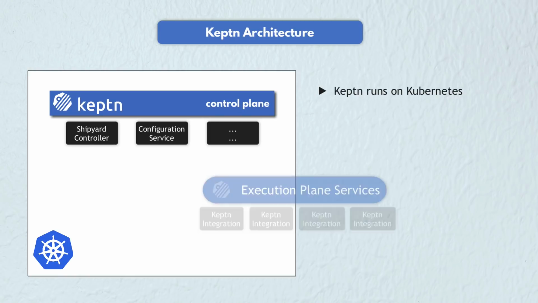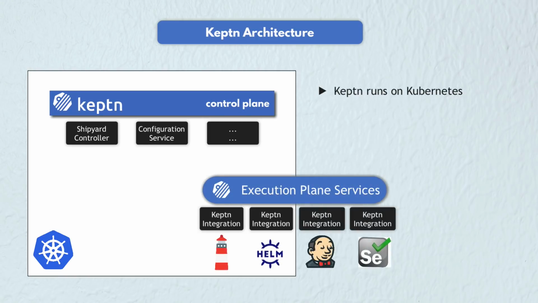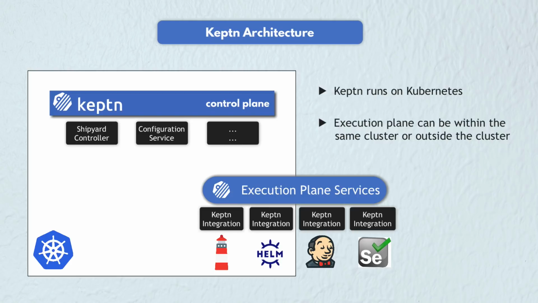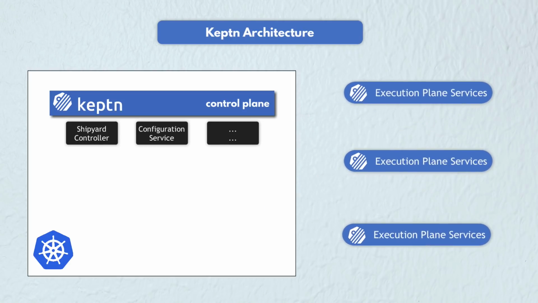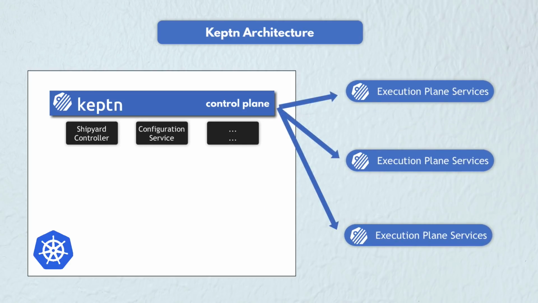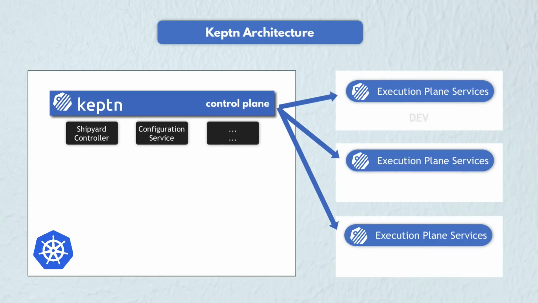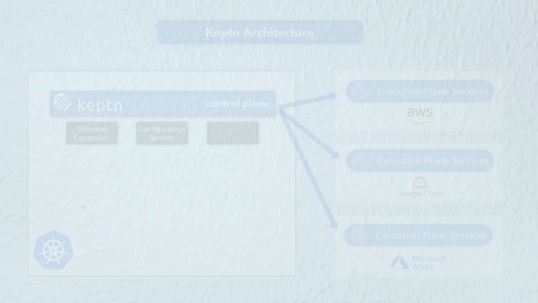And the execution plane or services that execute tasks based on Keptn events can run both inside the Kubernetes cluster or outside the cluster, like Jenkins or Selenium service, for example. And you can even have multiple execution planes connected to the same control plane of Keptn in order to manage multiple environments like dev, staging, and prod, or even multiple cloud environments.